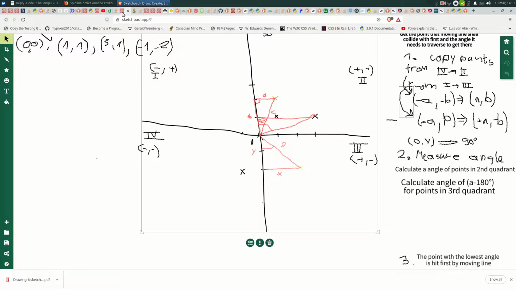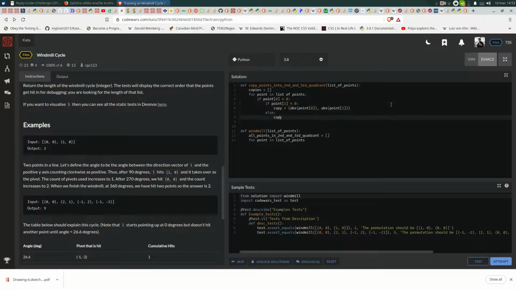So we do the absolute of that, and we say elif point the first is larger than 0, copy is here just 0.1 times -1. Right? Ain't that right? Yeah.